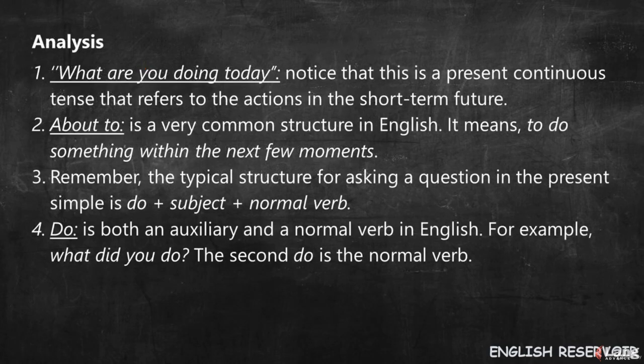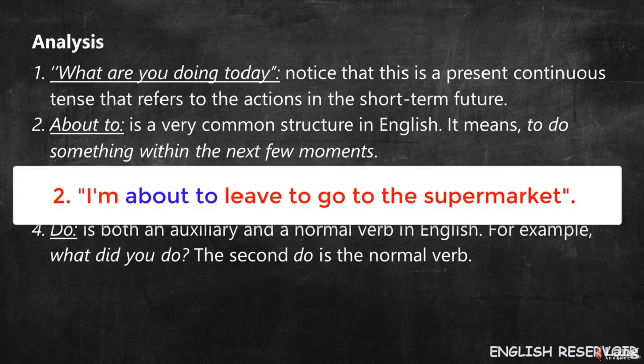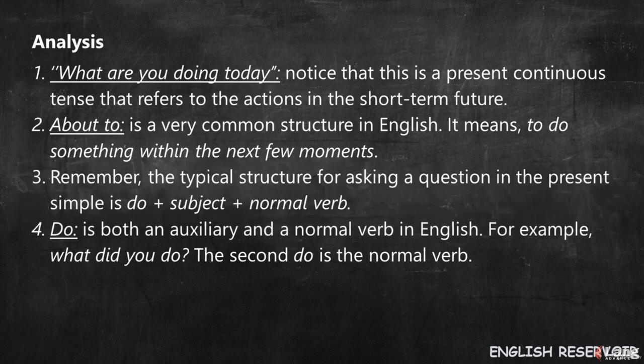Analysis. 1. What are you doing today? Notice that this is a present continuous tense that refers to actions in the short-term future. 2. About to is a very common structure in English. It means to do something within the next few moments. 3.